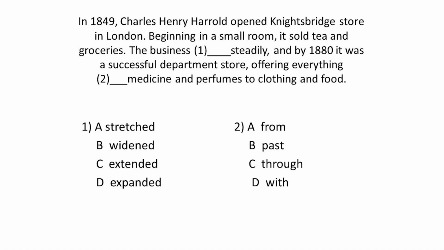Okay, now we are going to read the options. There are four options for the first gap. They are synonyms. All of them mean get bigger. But I have a prompt for you.